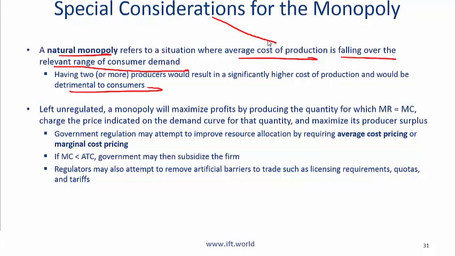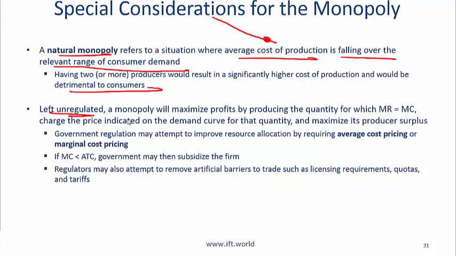So because of the decreasing cost curve, the monopoly can produce at a very low cost, and then hopefully also sell at a relatively low price. If 2 or 3 firms enter, then the cost for each of those firms would be high, and therefore the price charged to the consumer would also be high.